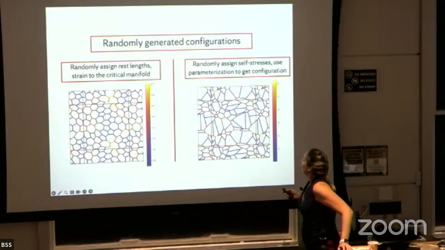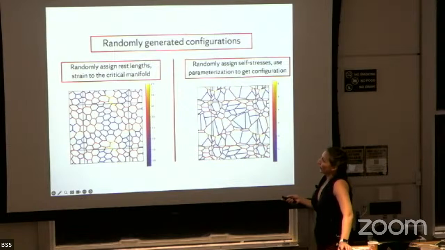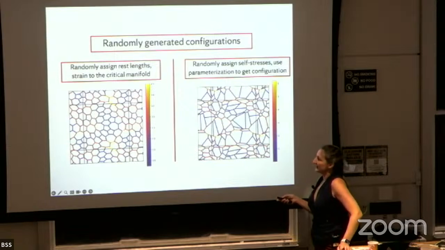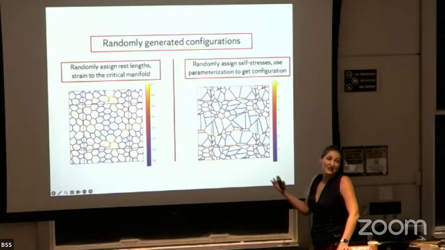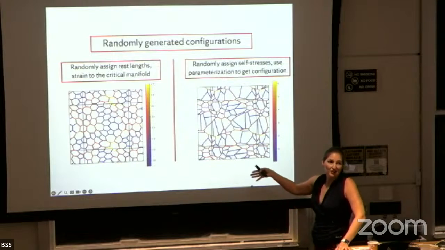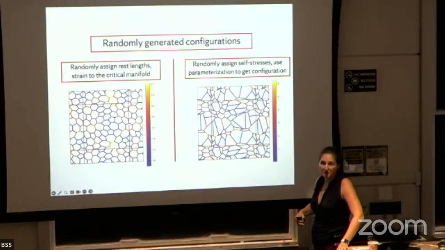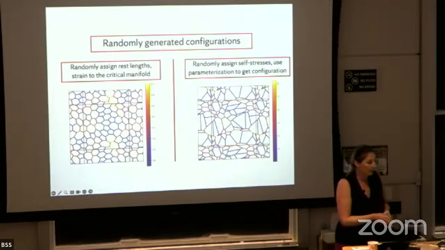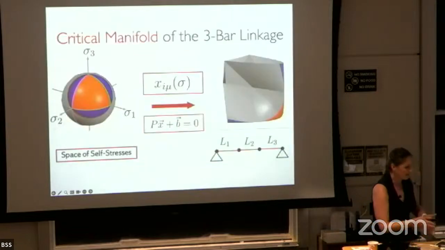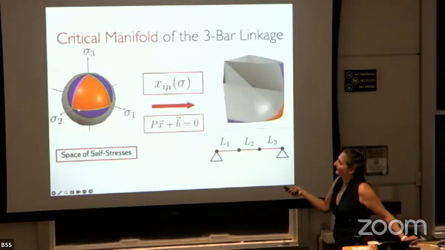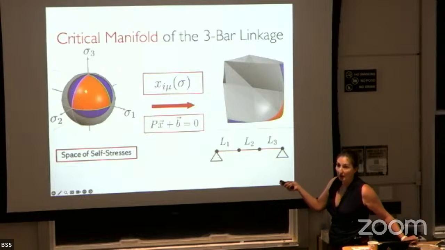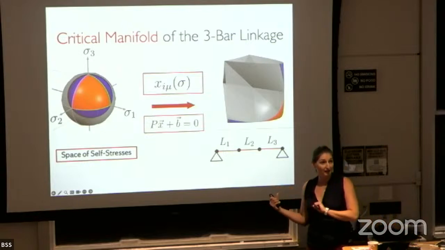The other thing I could do if I wanted a random network is pick this incidence matrix. I generated it in this case using a Voronoi tessellation, because I wanted to ensure that I got an under-constrained spring network. That's an easy way to get z equals 3. So I had a special way of making this matrix to make it under-constrained. But another thing I could have done is pick a random point in this space, because each point in the self-stress space gives rise to a configuration.